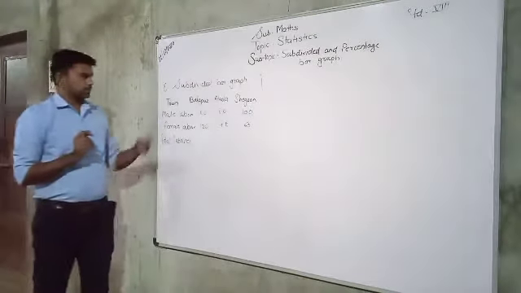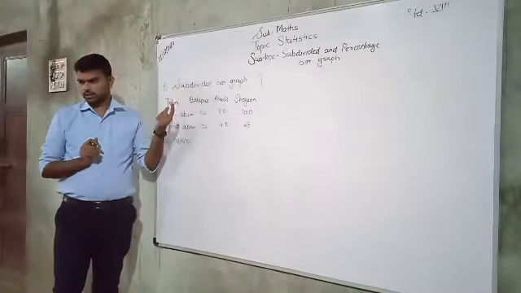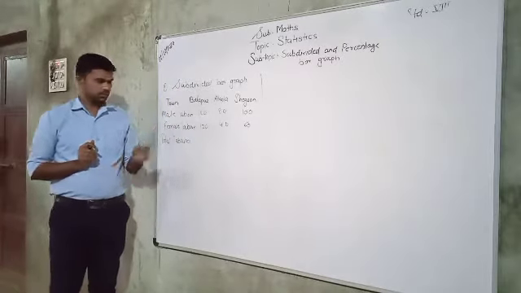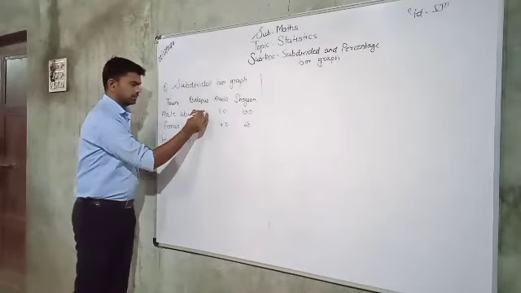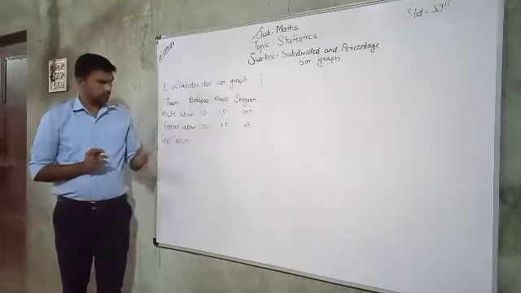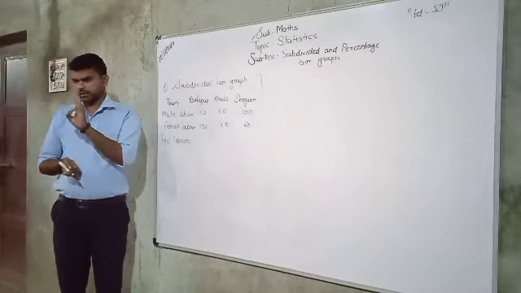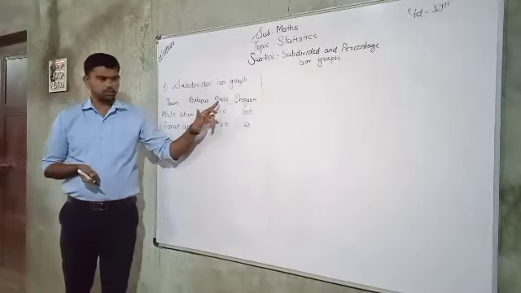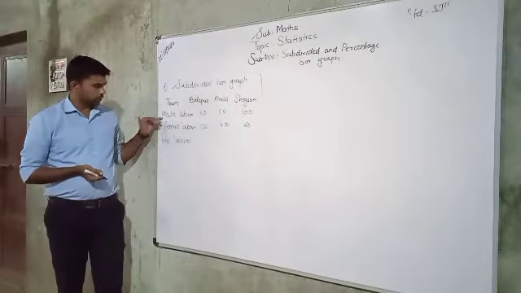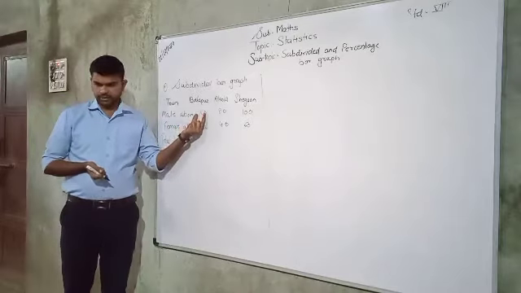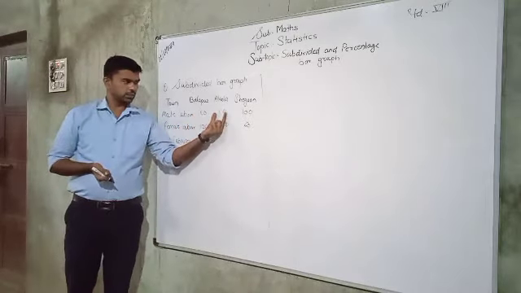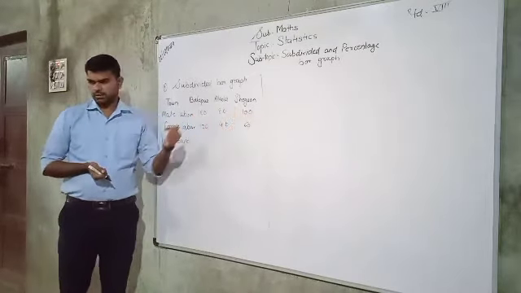See, for drawing the graph, this is the question. The meaning of the question is that there are three towns: Balapur, Akola and Shegaon. Male laborers: in Balapur 180, Akola 80 and Shegaon 100.